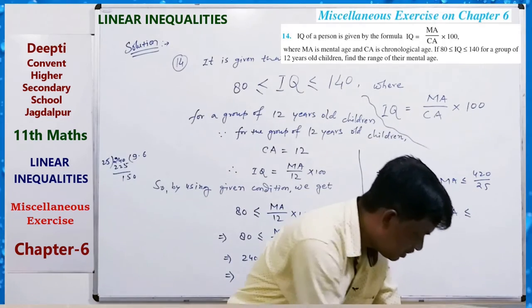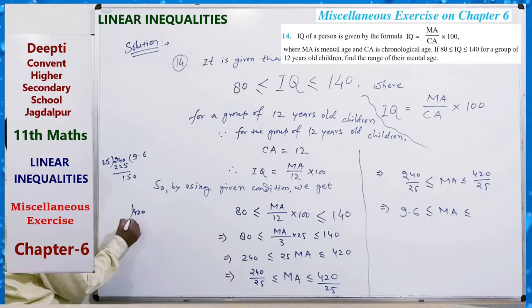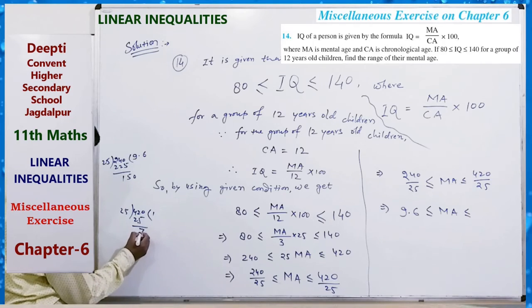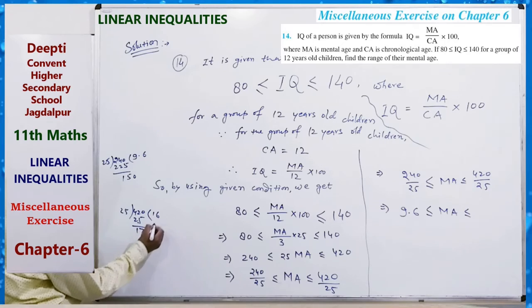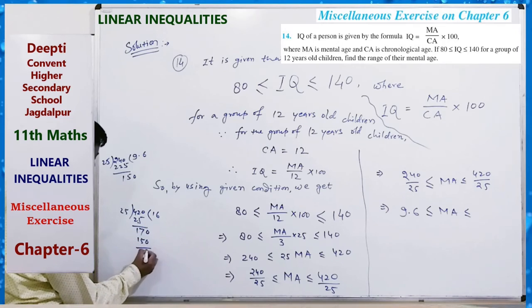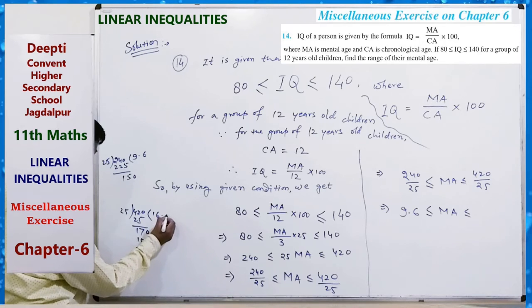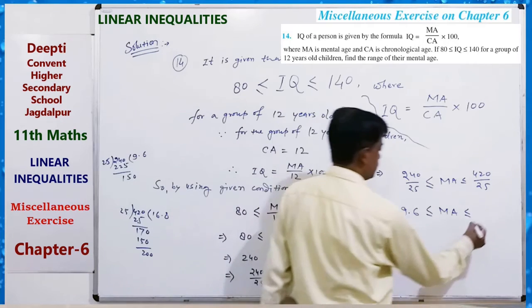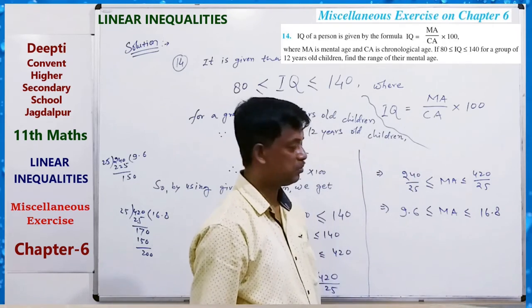And I think here 420 divided by 25 is 16.8.